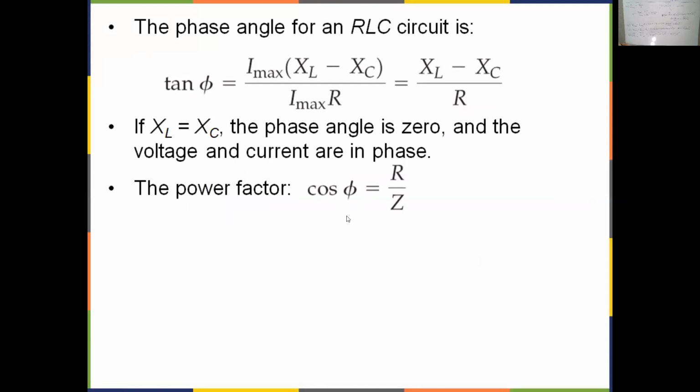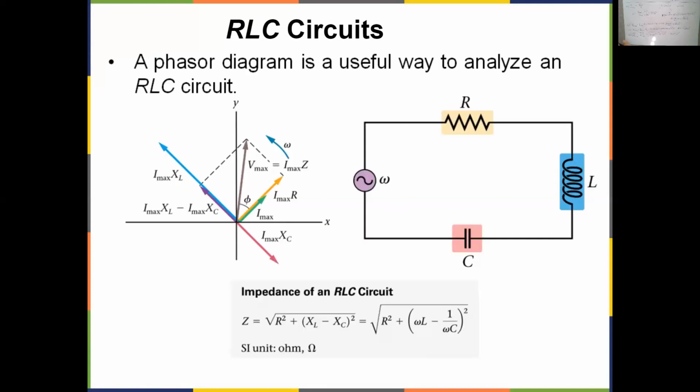For the phase angle in this case, if you take a look at the previous slides, that's this angle phi. That's the angle between the current phasor and the voltage phasor for the circuit overall, this I max and this V max.